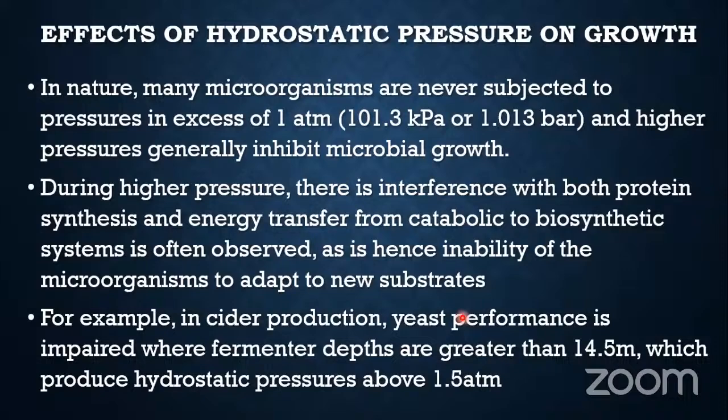So microorganisms are usually adapted to their optimal conditions, and pressure should not be above 1 atmosphere. Once we have a depth that can exert pressure, because the lower you go down, the more pressure you experience.